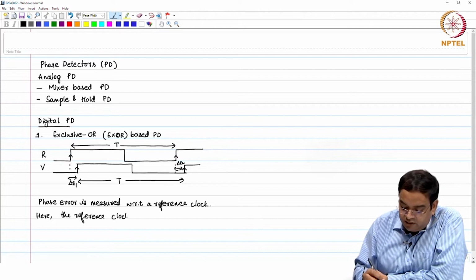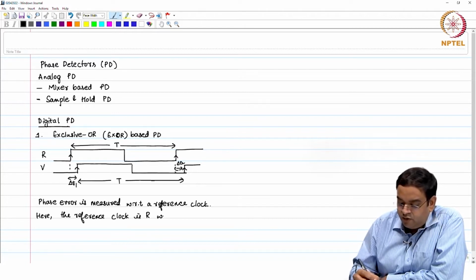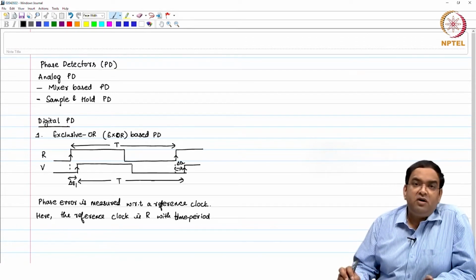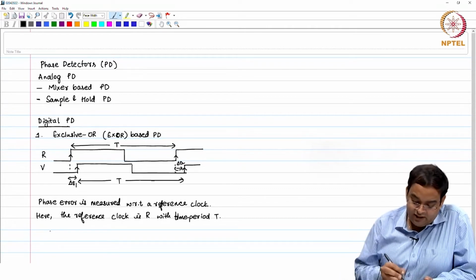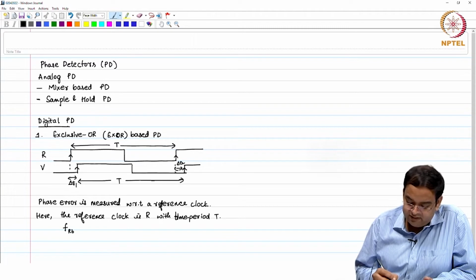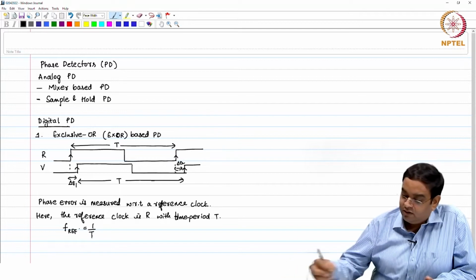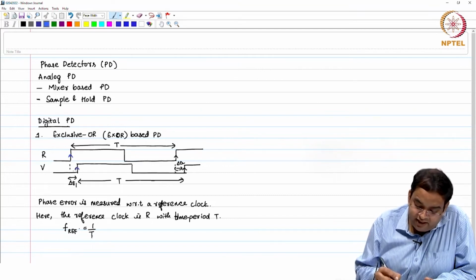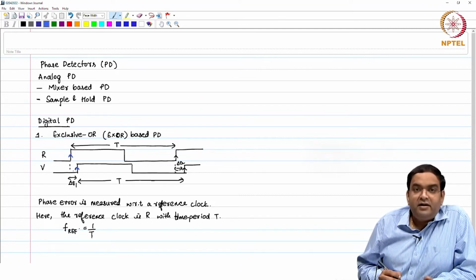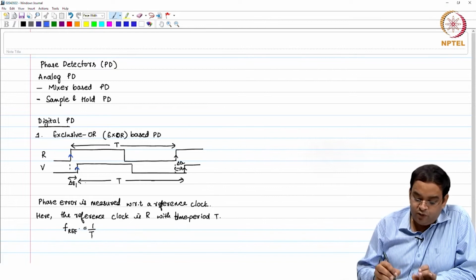Here the reference clock is R with time period T. It may happen that the clock V may or may not have the same time period as R. So, for reference R, I can write F reference as 1 over T. Now, the phase error here is defined as the timing error between the rising edges of the two clocks.